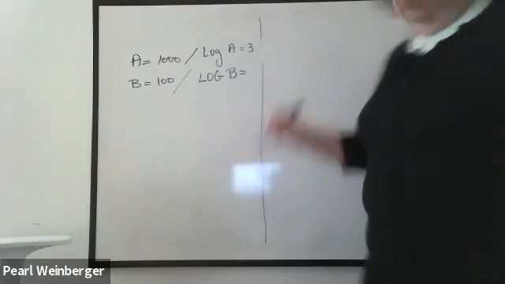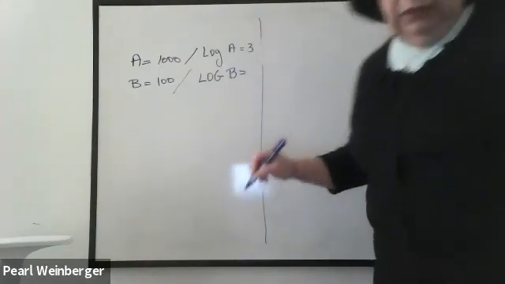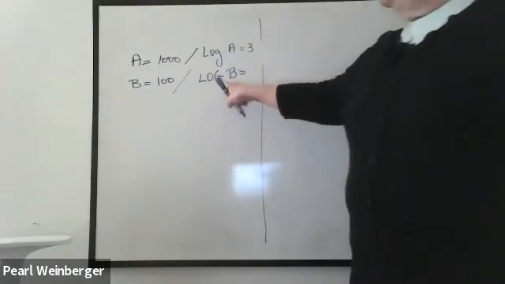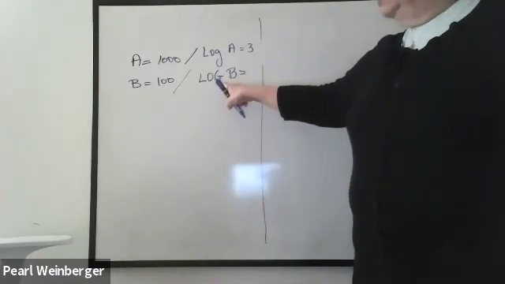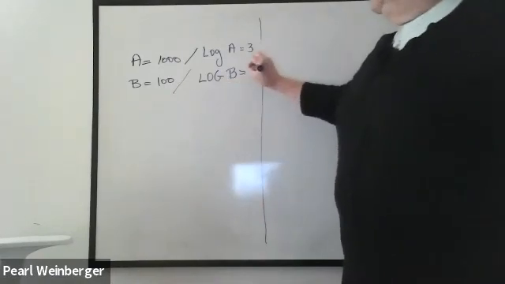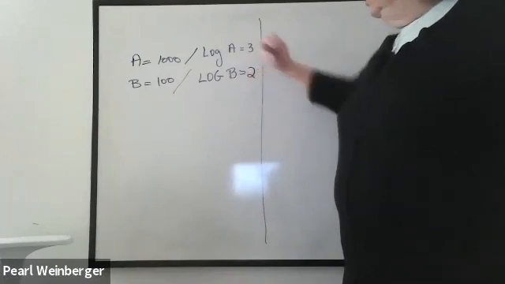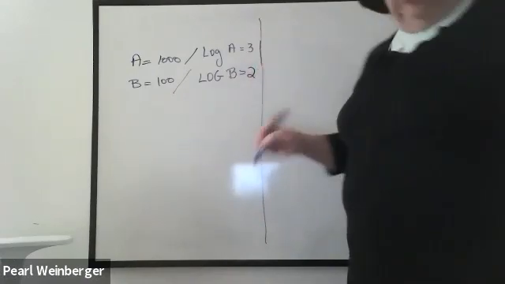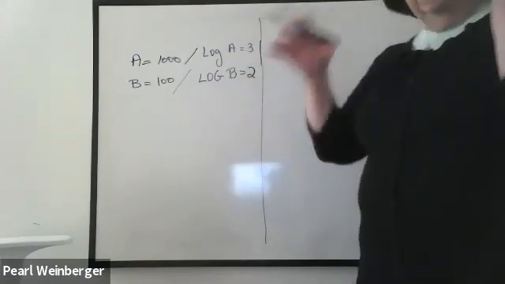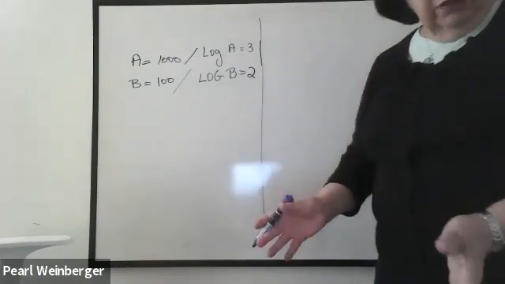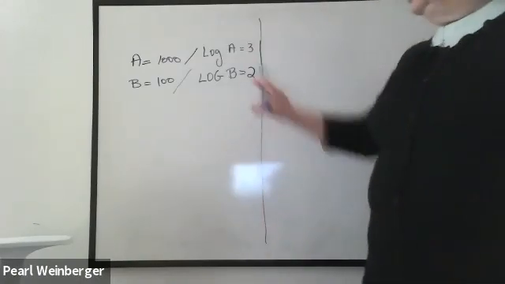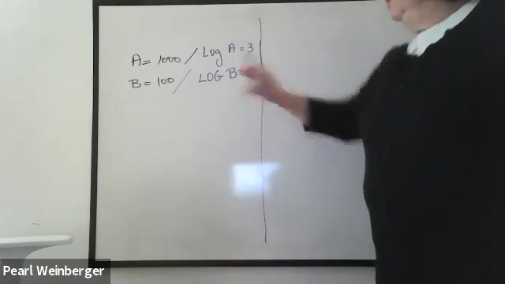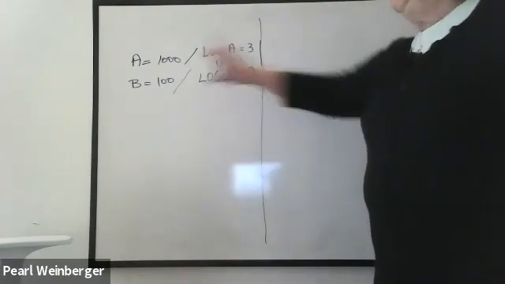So what number would that be? 10 to what exponent will give us 100? I think everybody will agree it's equal to 2. You can check that on your calculator by pressing your log button and putting in 100, and you will see that the answer you get is 2, because 10 to the 2 power will give you 100.